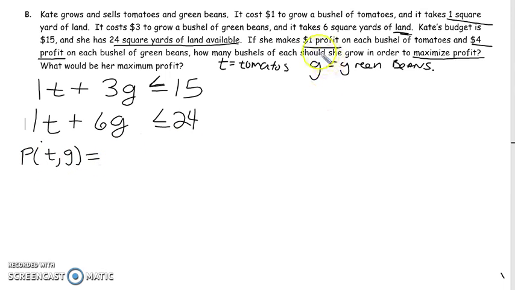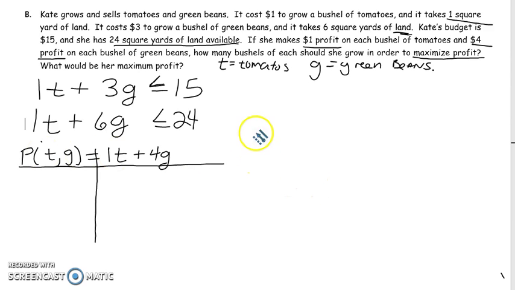Well, what was that equation? $1 profit from tomatoes, so we only make $1 profit from tomatoes, but we add to that the $4 profit from green beans. And you should make some money on the green beans because they take more space, they cost more to grow, all of that. Okay, so this is our profit equation. We're going to maximize that. We're going to find out which of our ordered pairs create the best amount of money for us. We're going to maximize. So I'm going to start graphing this puppy.